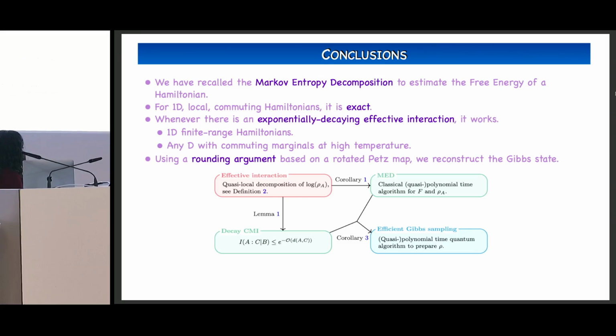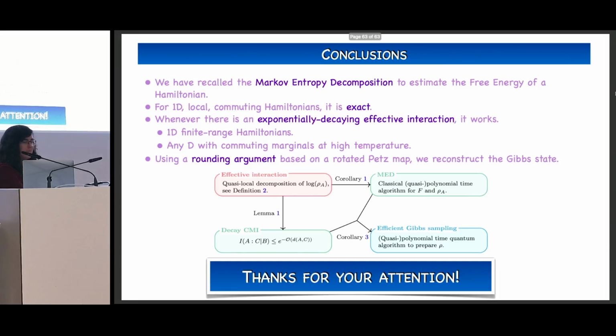And using these two results together, you obtain efficient Gibbs sampling that is a quasi-polynomial quantum algorithm. So, of course, there are many results related to this last part of efficient Gibbs sampling, but I don't want to go into details there. And there are many open questions from here, but maybe it's easier to take yours now. So thanks a lot for your attention.